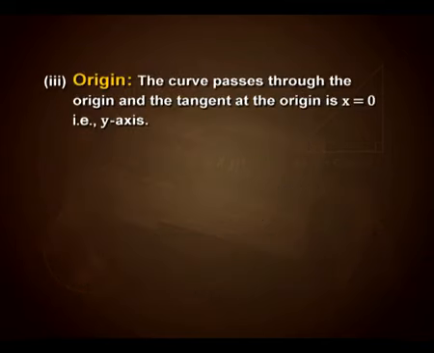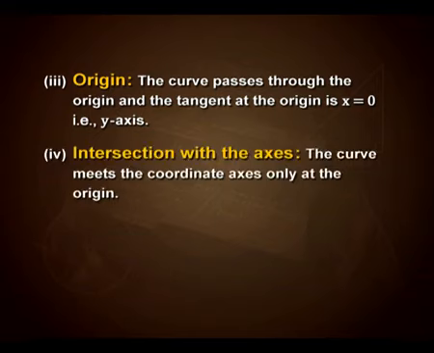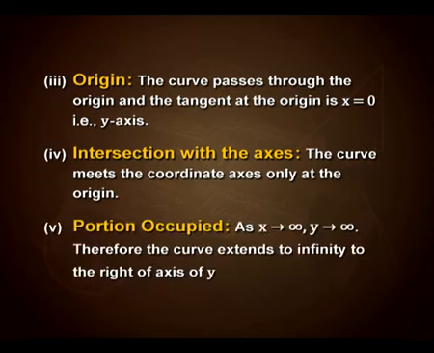Origin. The curve passes through the origin and the tangent at the origin is x is equal to 0, that is y axis. Intersection with the axis. The curve meets the coordinate axis only at the origin. Portion occupied. As x tends to infinity, y also tends to infinity.